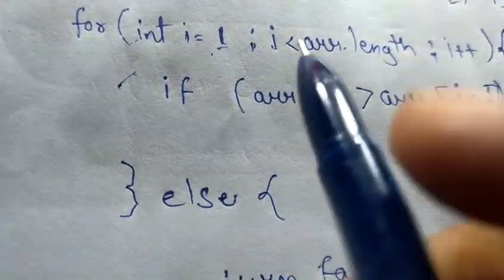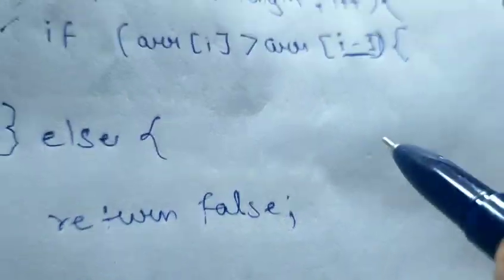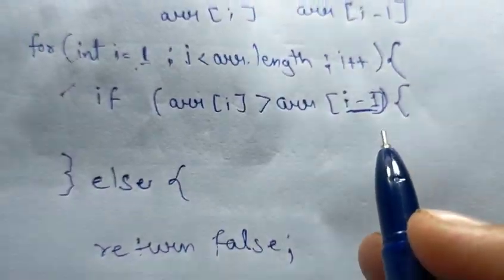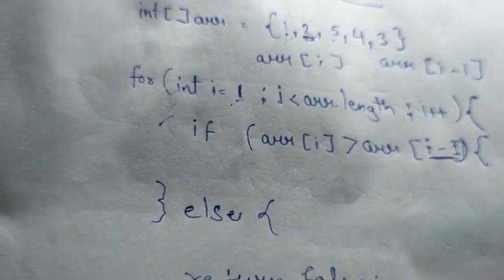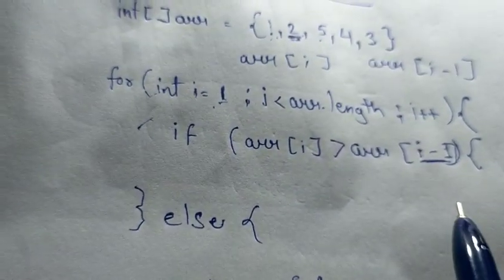Now you are going to ask me why we take i minus 1 and not i plus 1. It's a simple logic. We know the length of an array.